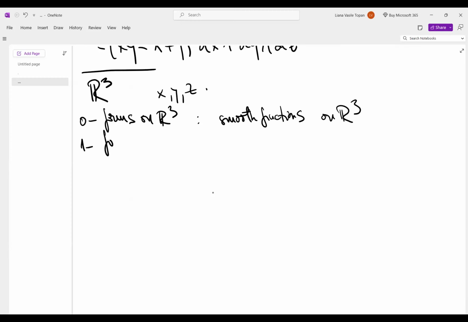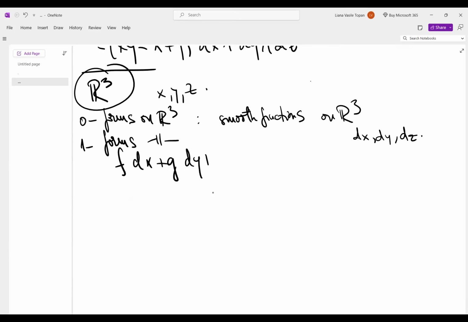What are the 1 forms on R cube? A basis is given by dx, dy, dz, so you have linear combinations of these. So you will have f dx plus g dy plus h dz, where f, g, and h are smooth functions on R3.